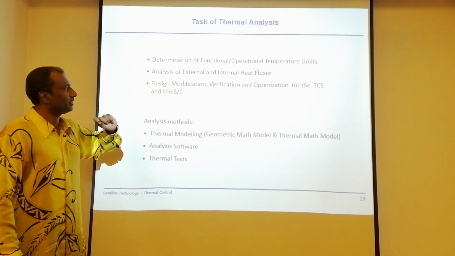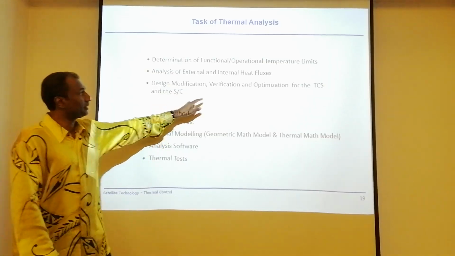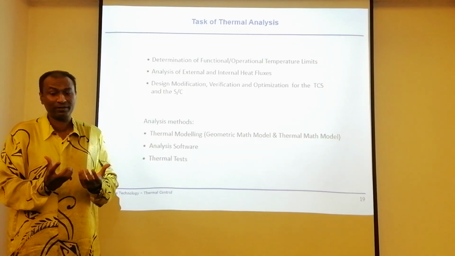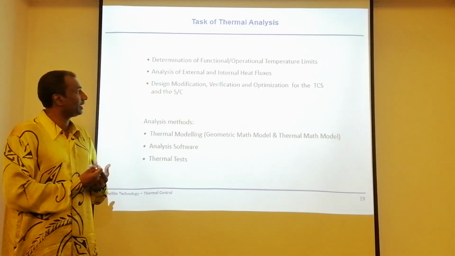So, analysis of external and internal heat flux. Analysis of external, we have already done. Internal, let's see, maybe the battery, how much heat the battery is going to generate and all that. That is the heat that we have internally. Both we should be able to calculate.